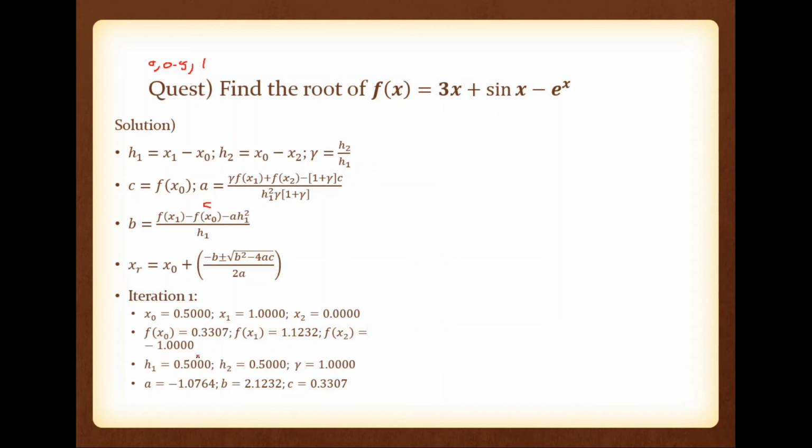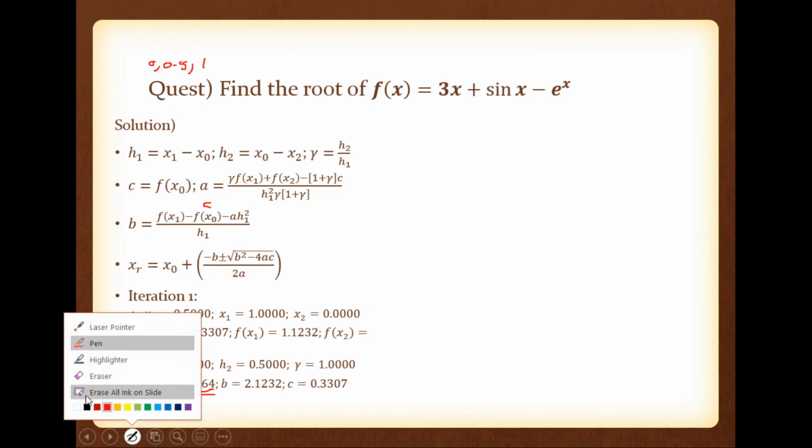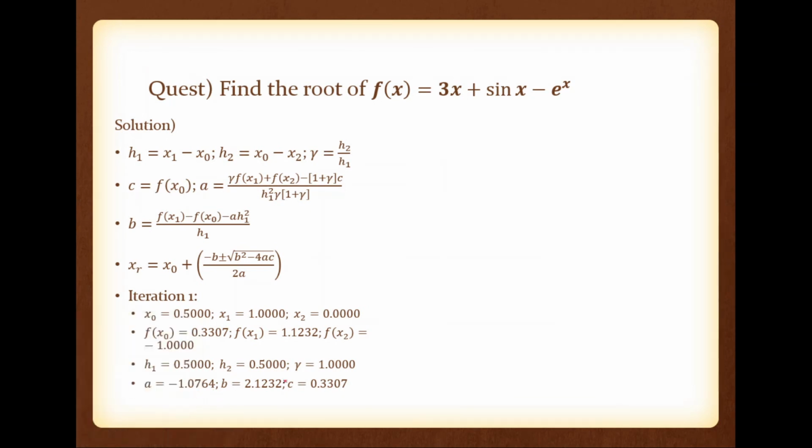So you have this a equal to minus 1.0764. So this is a, minus 1.0764. Okay. So with this a, you can find b. What is the equation of b? f of x1, that is this value, minus f of x0, that is this value, minus a into a is minus 1.0764.